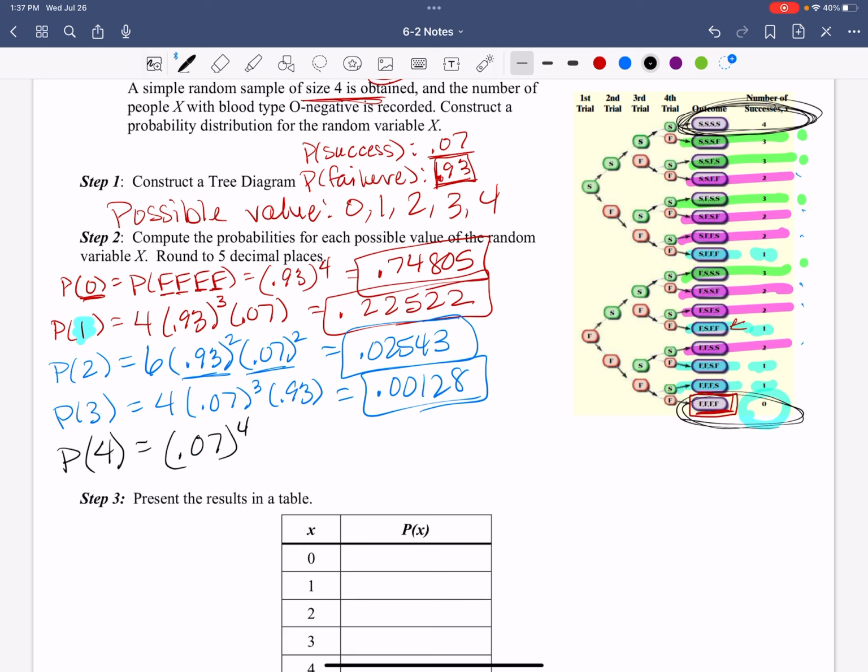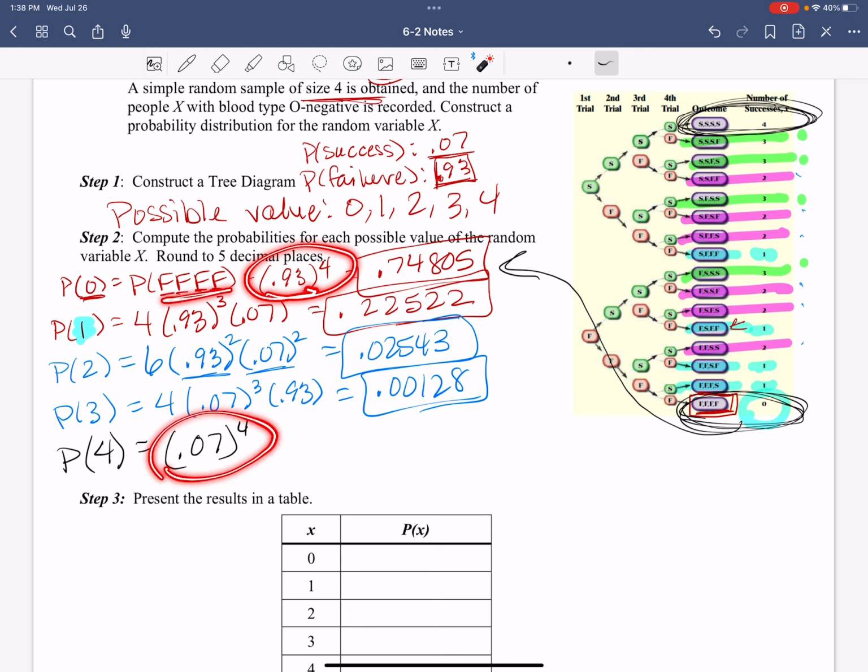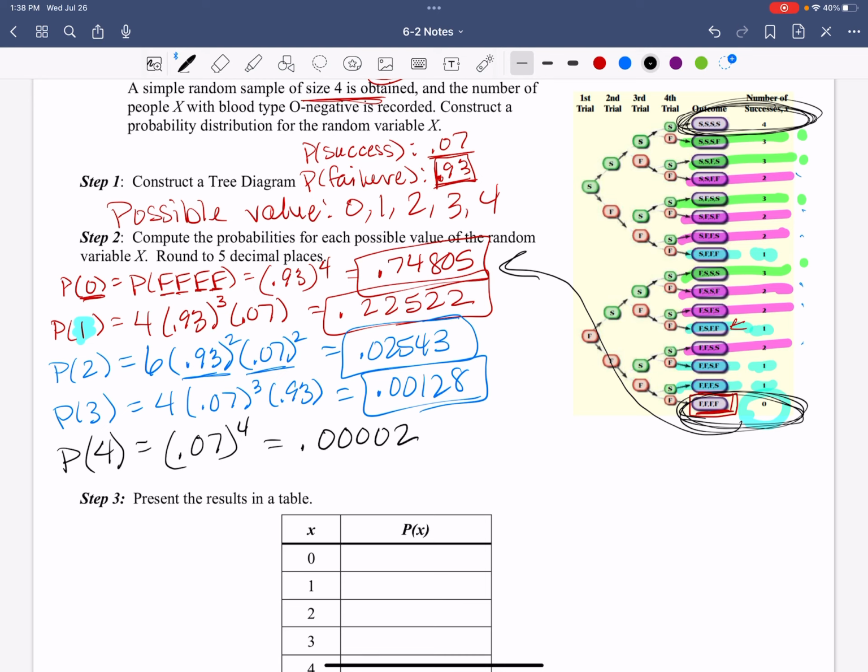Just like I had 1 option here, all 4 of my options went with failure. Now all 4 of my options are going with success because I have 4 successes. Plug that into your handy dandy calculator and what do you get? And this is why we do 5 decimal places, right? 4 zeros and a 2 because that's a real small number. Nice. That way it's not just a 0. Now it could be all zeros in there, but that's what we have.